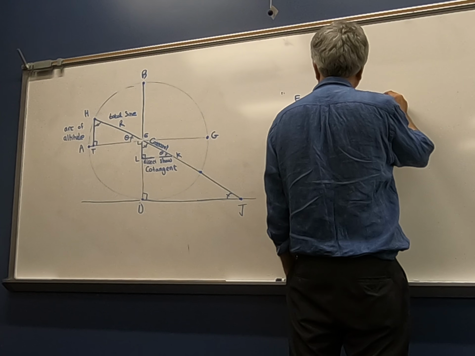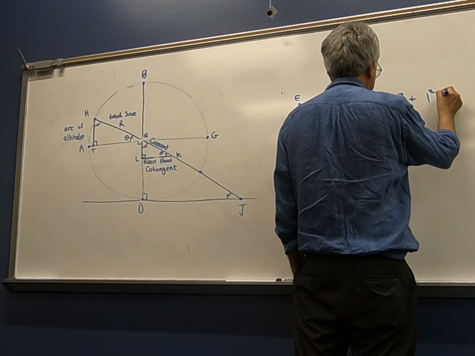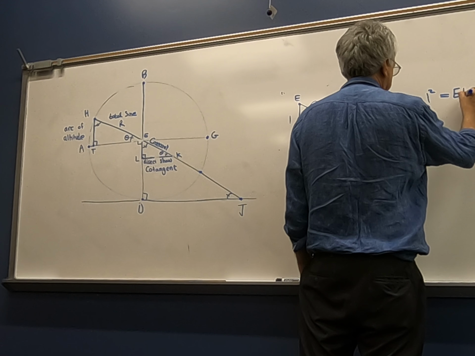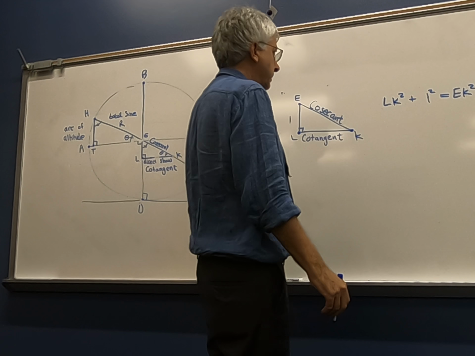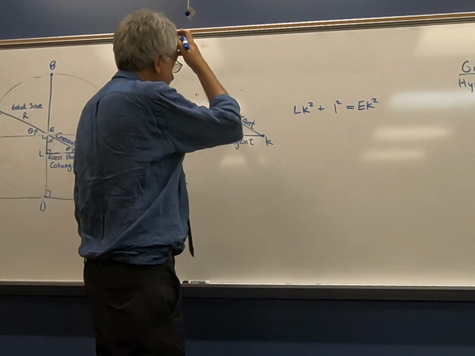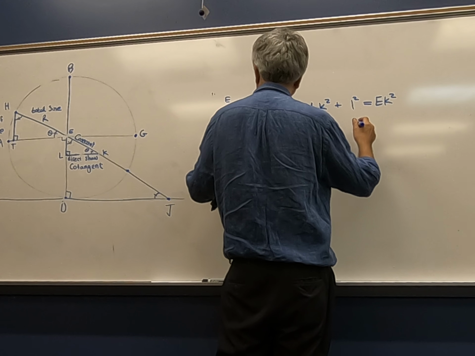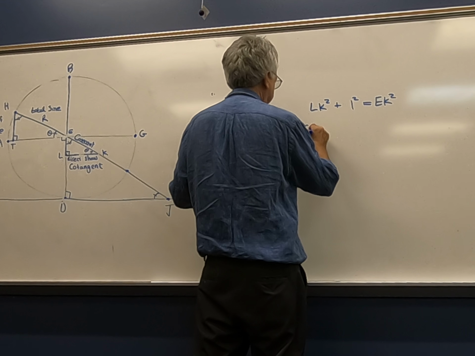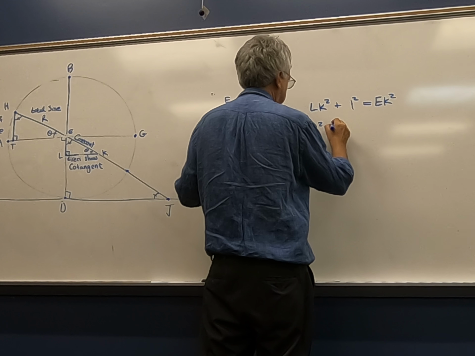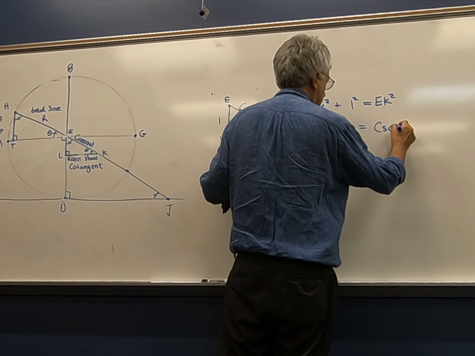Well, you would say LK squared plus 1 squared is equal to EK squared, because that's Pythagoras' formula, right? So in other words, cosecant, or let's see, LK is the cotangent squared plus 1 is equal to cosecant squared.